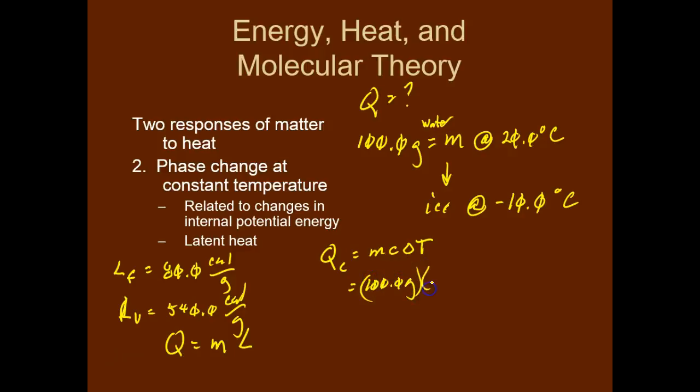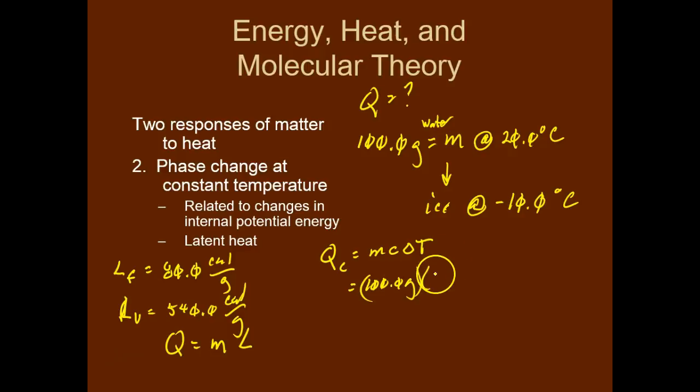What was C for water? Someone answered it already today. 20 degrees Celsius. Okay. That's not C. That's a temperature. That will be in the delta T. What is your C? 1.